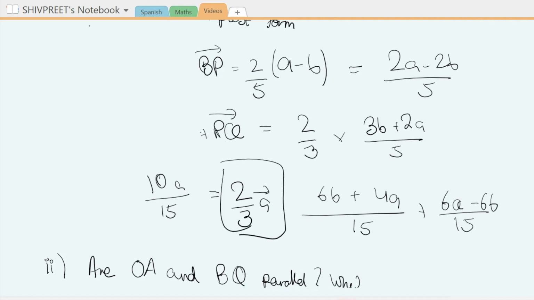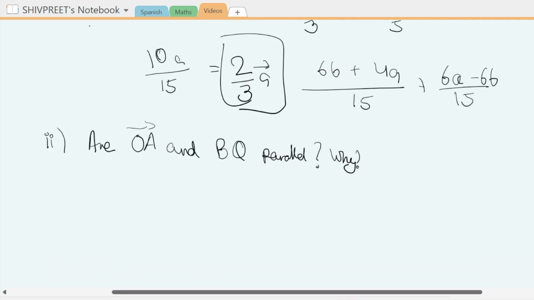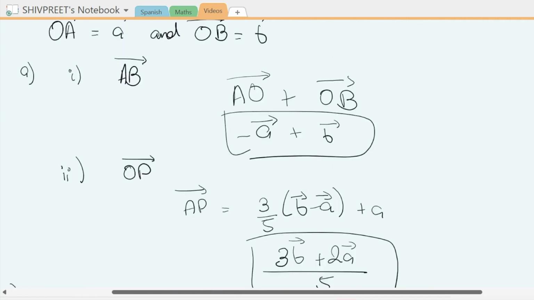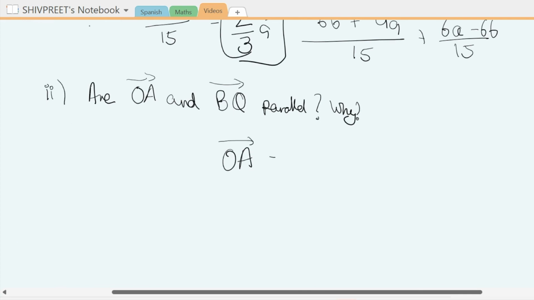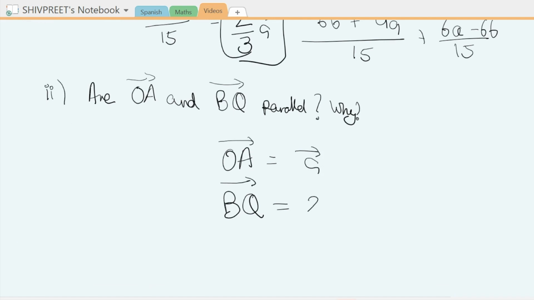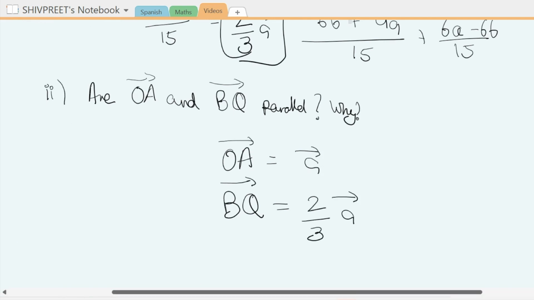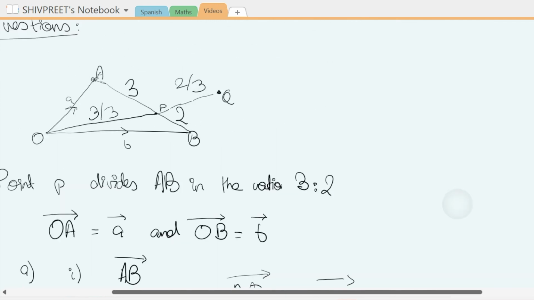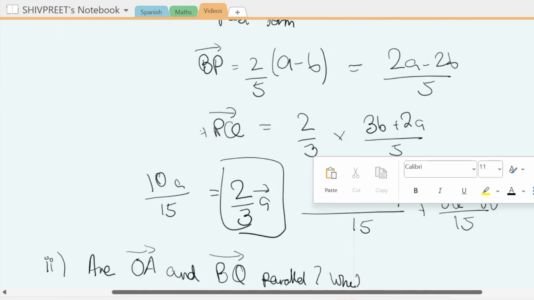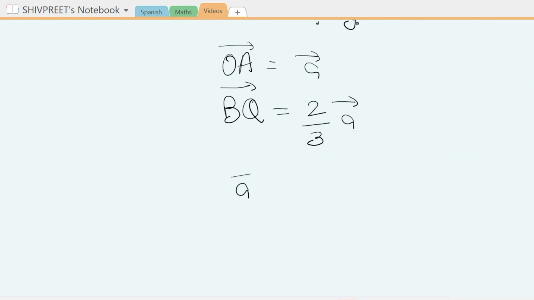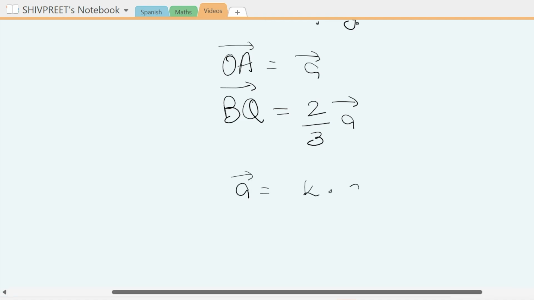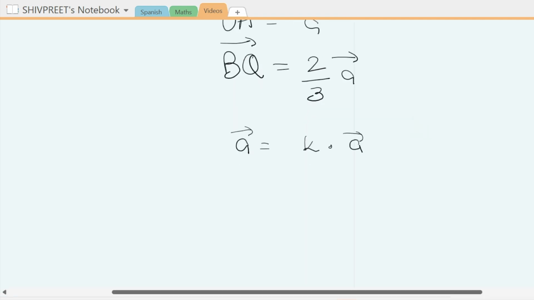So now we need to explain whether vector OA is parallel to vector BQ and why. Vector OA is equal to A and vector BQ is equal to 2/3 of vector A. So the rule from before: vector BQ is equal to K times vector OA.